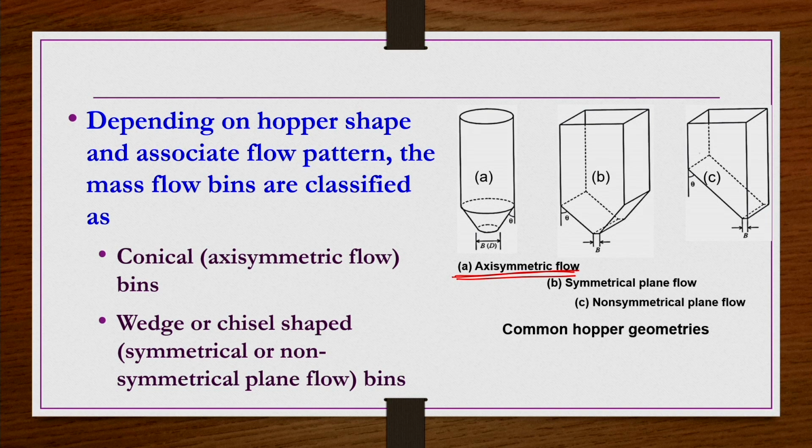We have a cylindrical section, and then a conical hopper, a cylindrical steel bin to which a conical bottom section is attached. Such things are known as axisymmetric flow, where the center axis of the opening as well as the container align to the same vertical line like this.